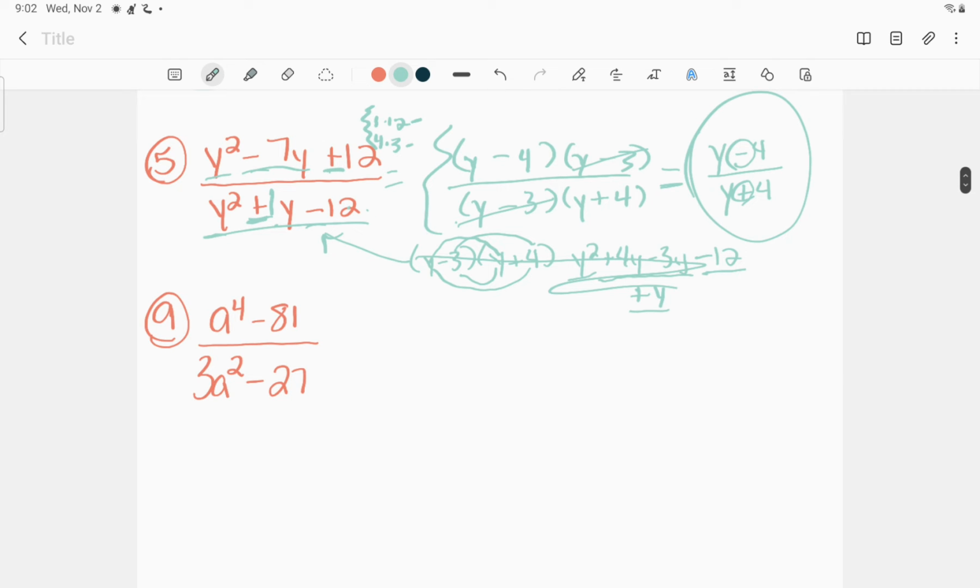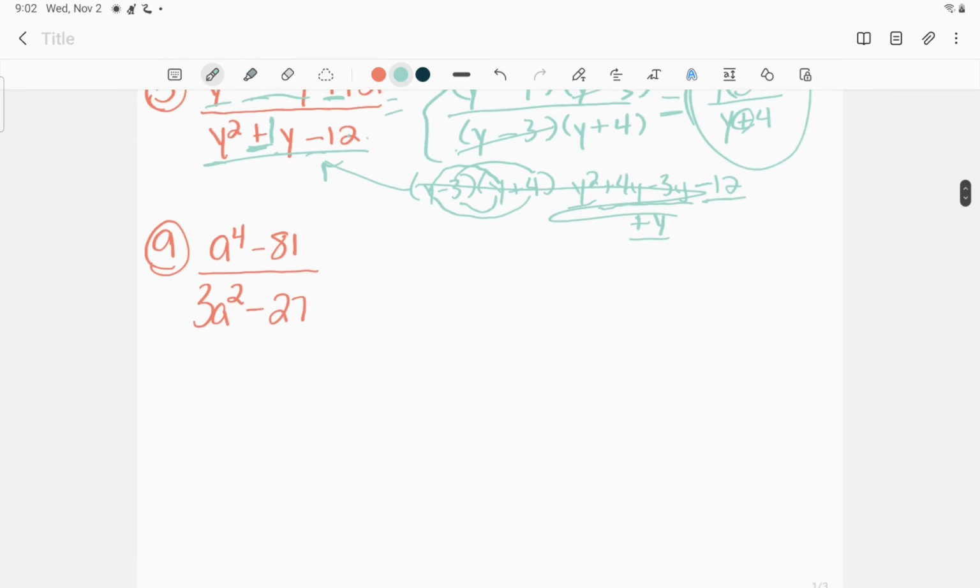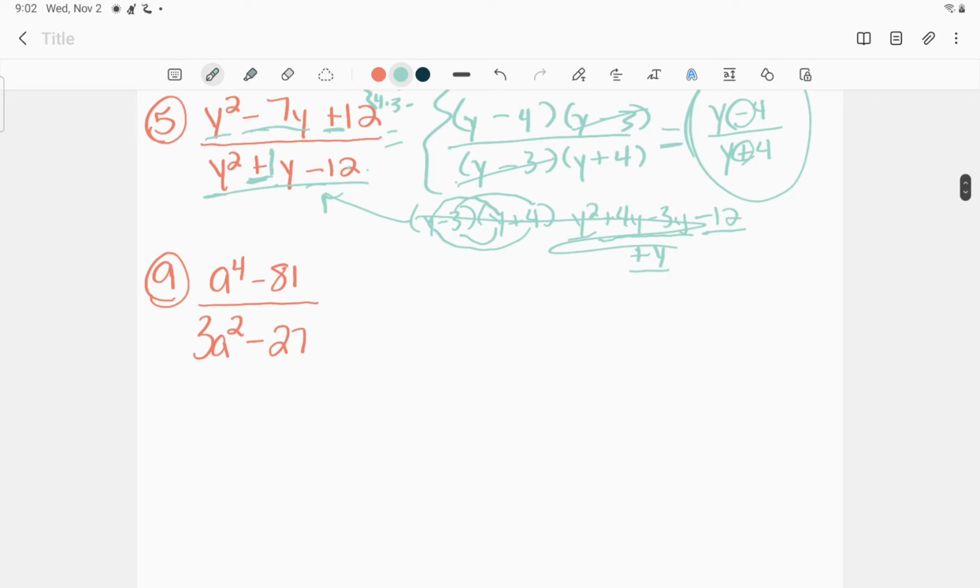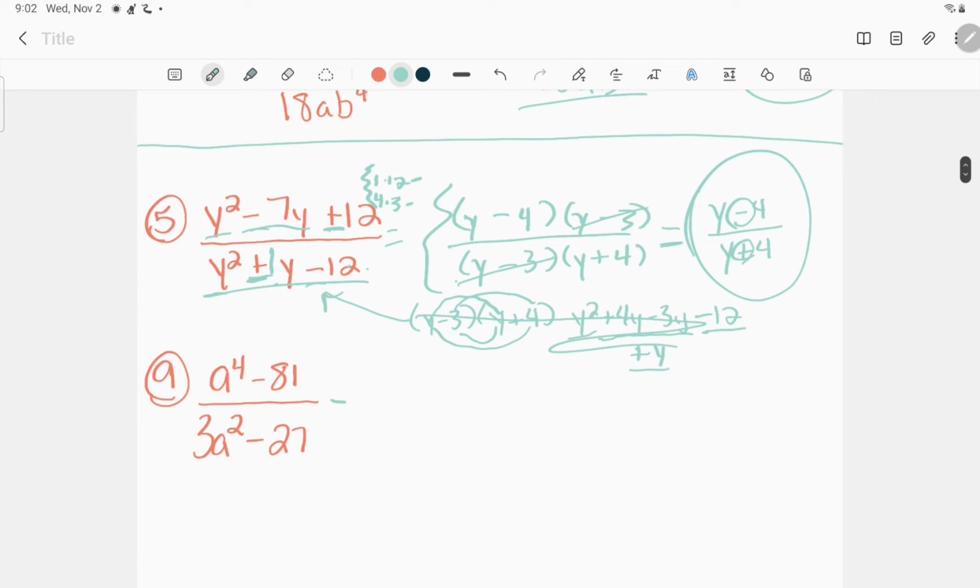All right, we're going to move on to number 9, and this is the last one that we'll do on this page. So this first one here on number 9, you'll notice is a difference of 2 binomials.